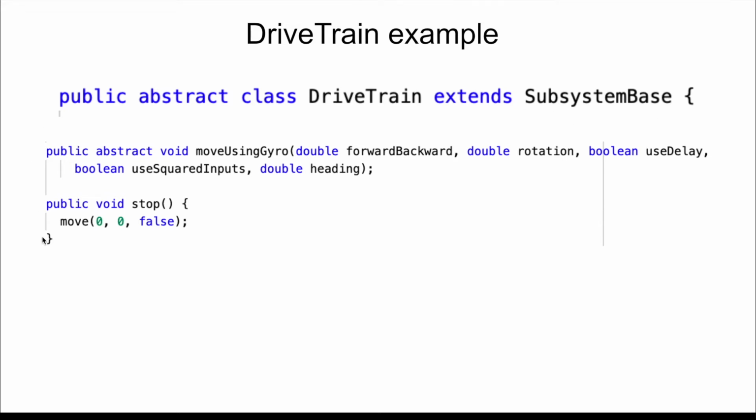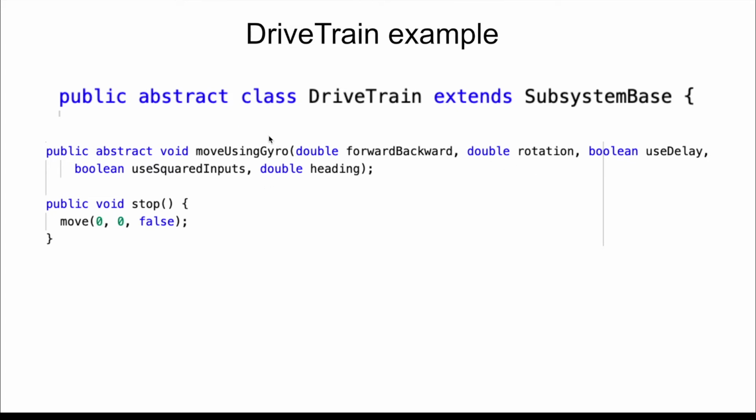Now we can move on to the next couple of lines, where we have a method called moveUsingGyro for the drivetrain, which takes a forward-backward speed, a rotation amount, some flags, and then a heading direction for it to move towards. As you can see here, moveUsingGyro is a very intuitive method name. You want to move the robot, you give it a forward-backward speed, you give it a rotation speed, and then the drivetrain subsystem, which owns the actuators that make up the drivetrain, will go and do whatever speed and rotation is commanded.